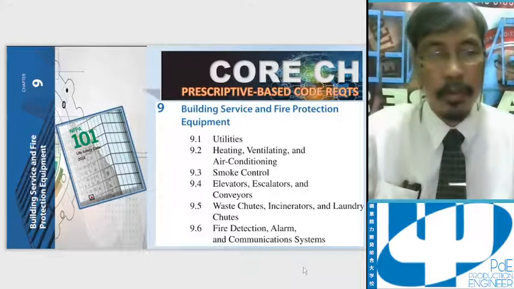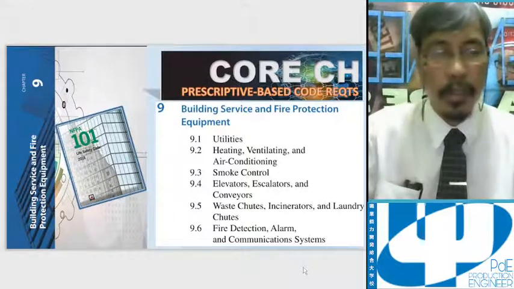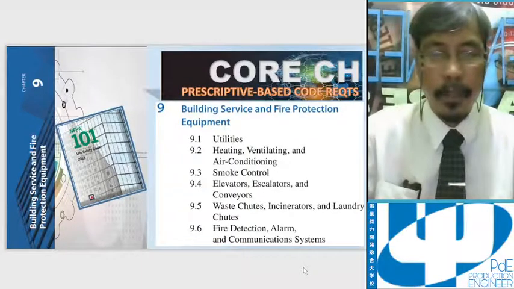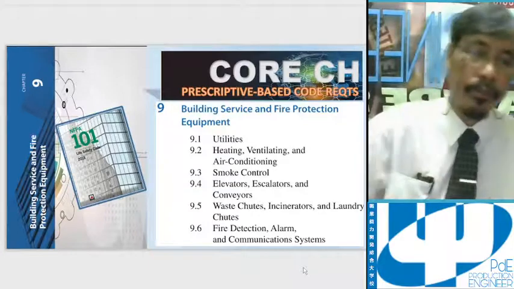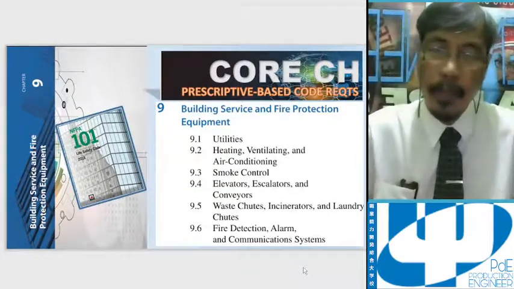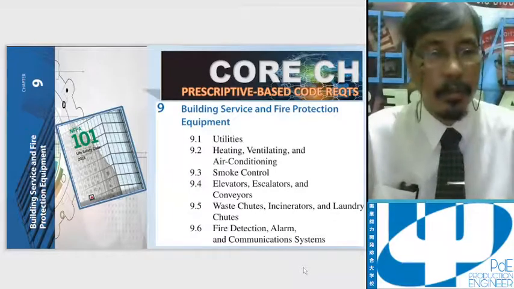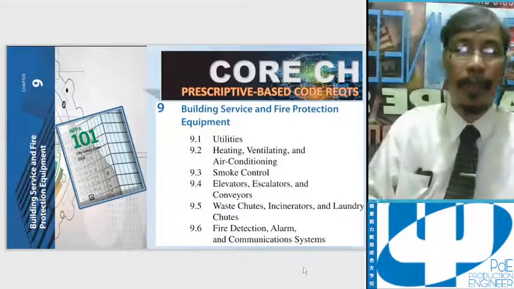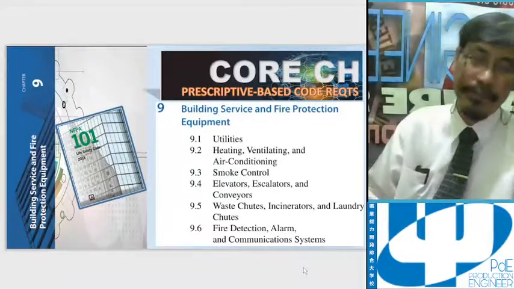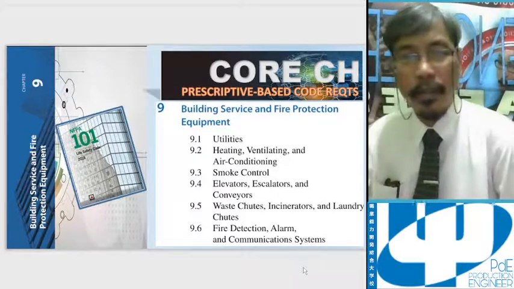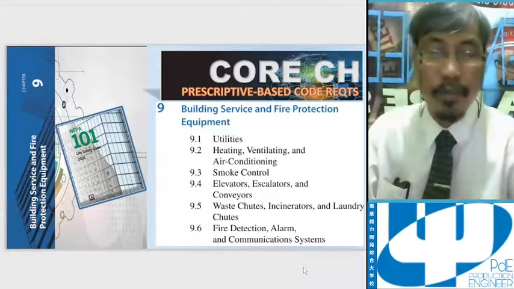So waste chutes, laundry chutes, incinerators, fire detection, fire alarm, and communication system. So fire detection alarm system is very particular to fire protection. So all in all, the code has something to say about this.